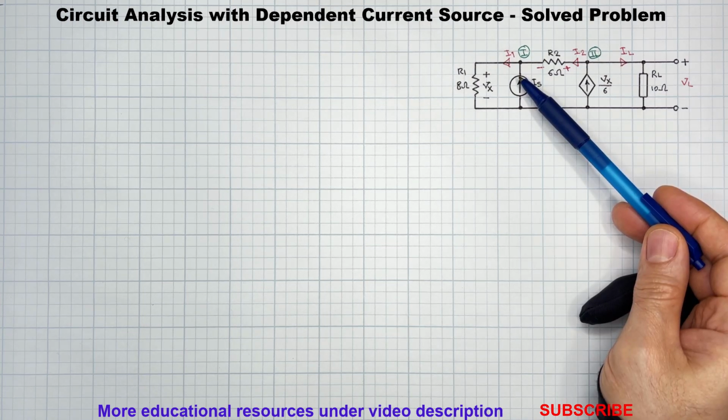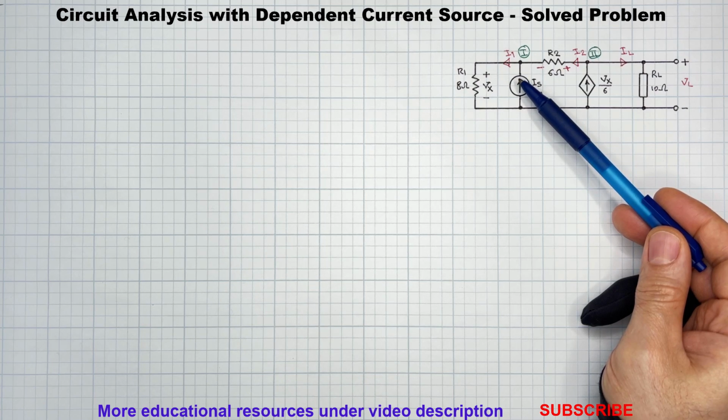According to Kirchhoff current law, also called KCL, the total current entering a junction or node in an electrical circuit must equal the total current leaving it. So let's write the KCL equation for node 1.